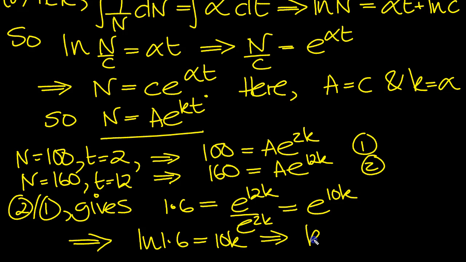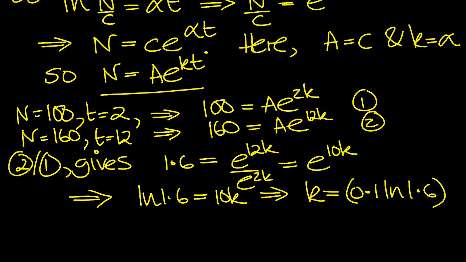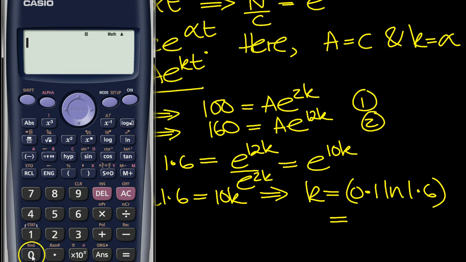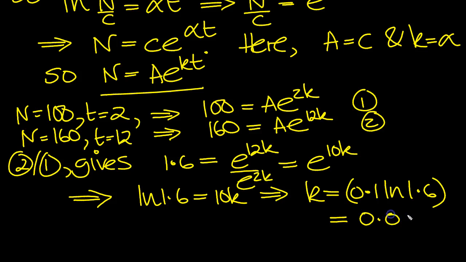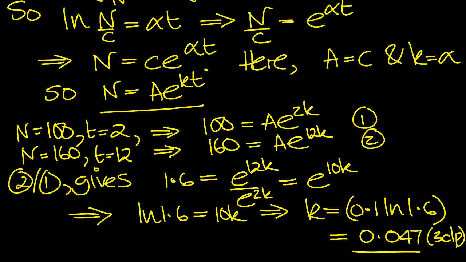So that tells us that k is equal to 1 over 10, or 0.1, times ln of 1.6. So there's k, and we can tap that into a calculator. So it's 0.1 times ln of 1.6, which gives 0.047 to 3 decimal places. Okay, that's that part done.